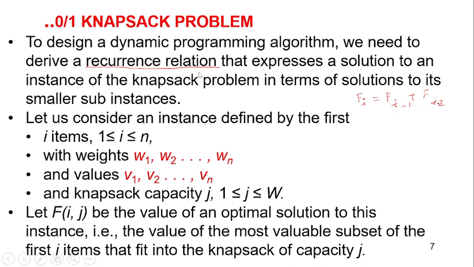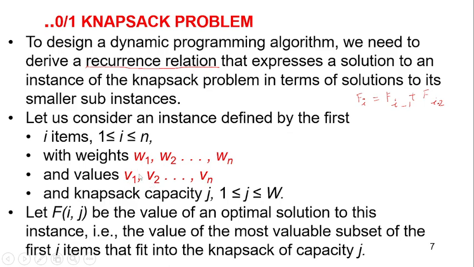Here, let us consider an instance defined by the first i items, 1 less than or equal to i less than or equal to n, with weights W1 to Wn, values V1 to Vn, and capacity j, 1 less than or equal to j less than or equal to W. So the i variable is used for the items, and the j variable is used for the weights.